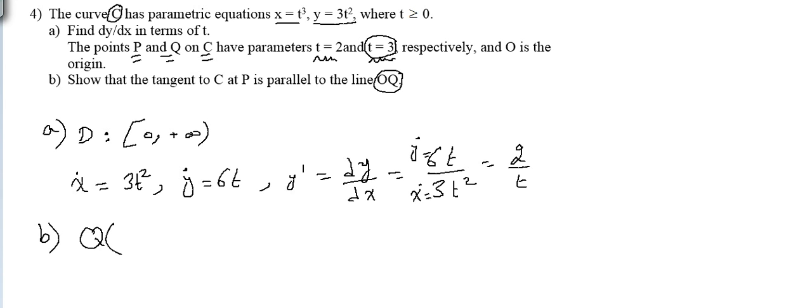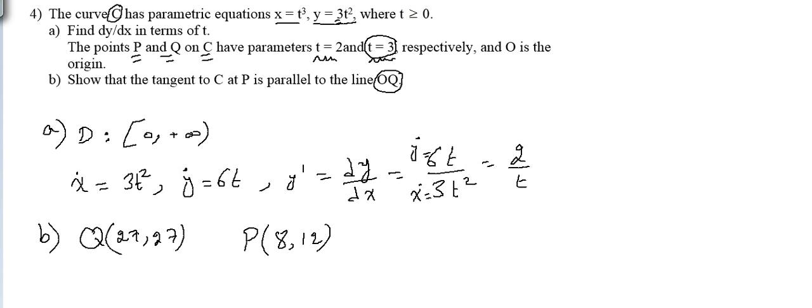Substituting t equal 3 into x, 3 to the power 3 will be 27. And for y, it's 3t squared, 3 times 3 squared, it's also 27. It gives me the point Q (27, 27). Now, what is the point P? Substituting t equal 2, 2 cubed is 8, 3t squared is 12.